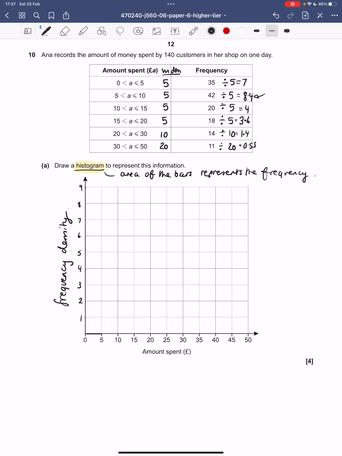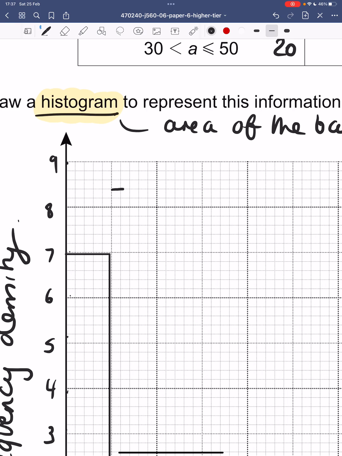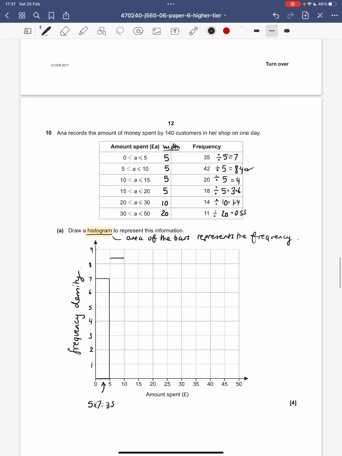Okay, so the first one, 0 to 5, goes up to 7. You think 5 times 7 is 35 for that bar there. Right, so the next one, 5 to 10, goes up to 8.4, which is there. I'll draw the other lines in a minute.